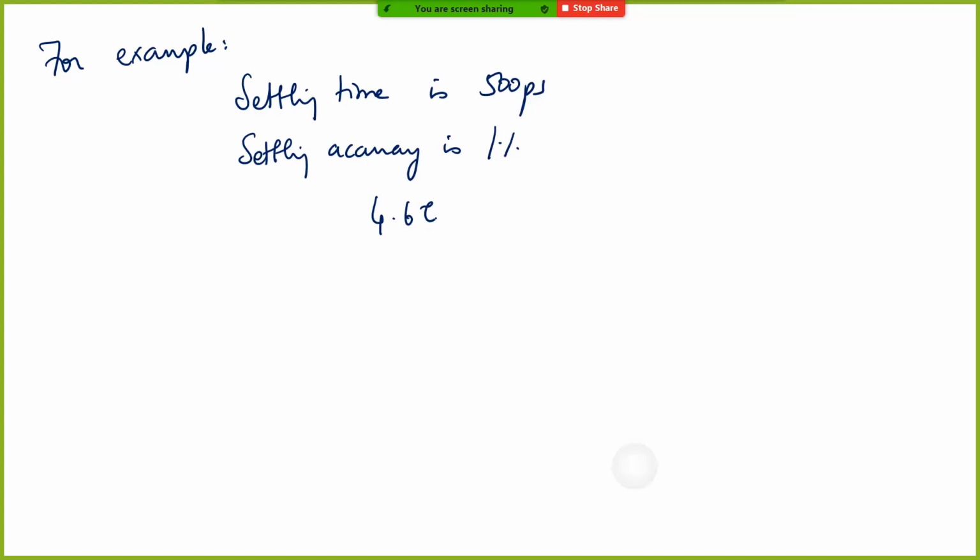So 4.6 tau is equal to 500 picoseconds. From here you get your time constant, and from this time constant, since you already know K, you find out your omega u.